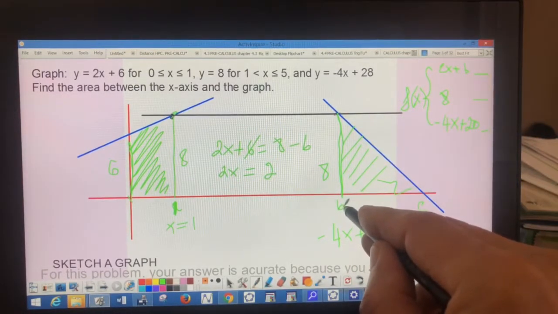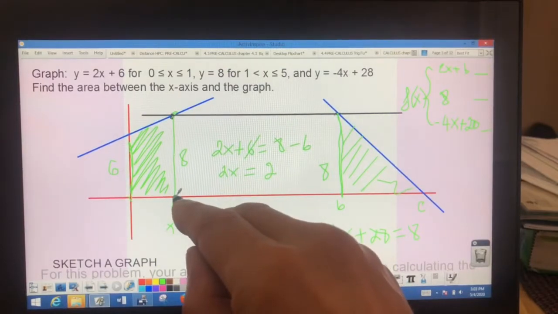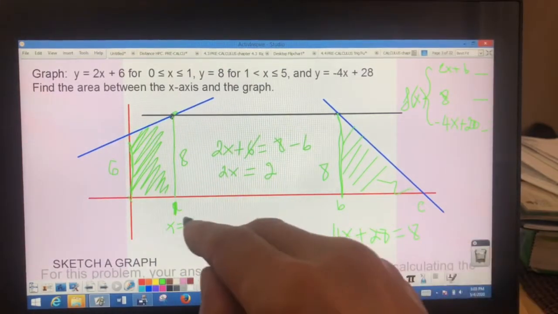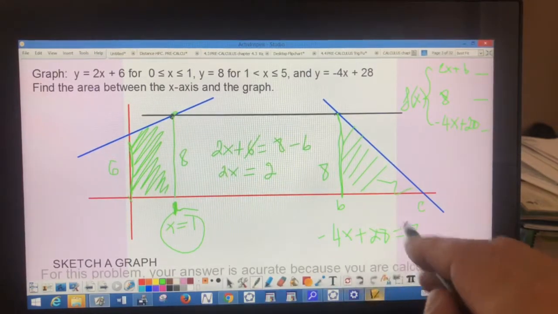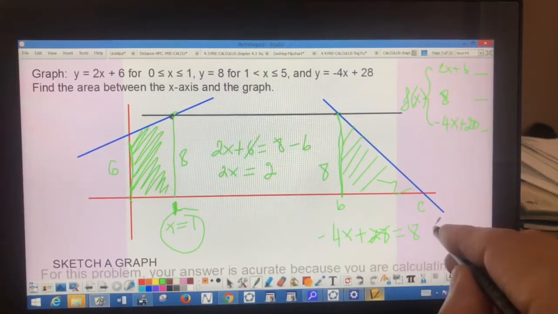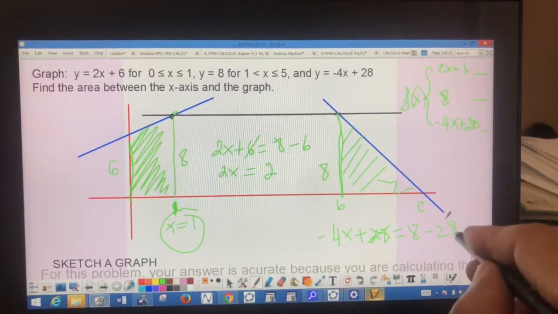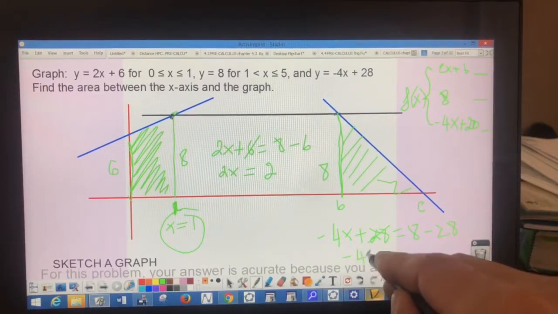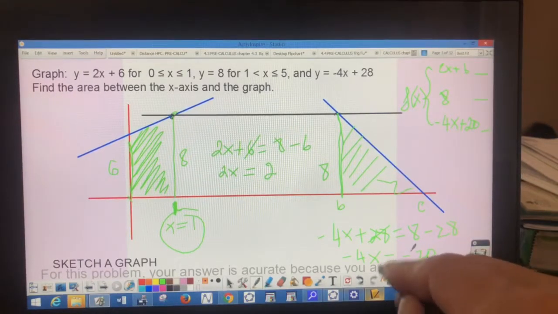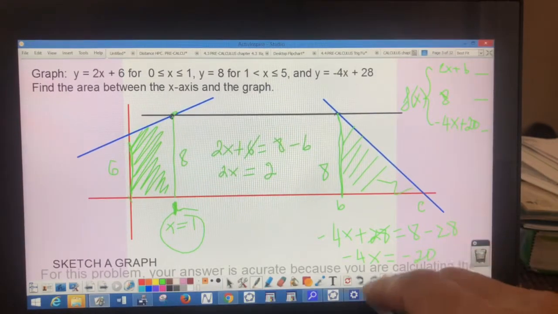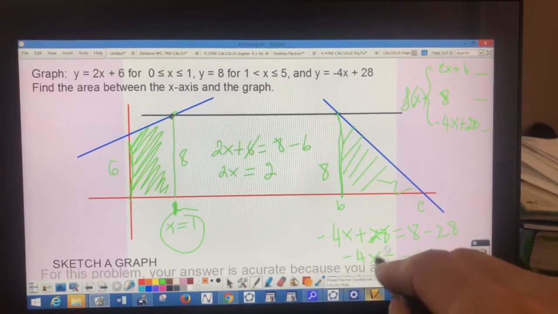Why do I need that location? Because I have to figure out the distance from 1, we knew it's 1 here, to this spot. So we'll solve this. Subtract 28, so that's negative 4x equals negative 20. So your x is 5. All right, so 1 and 5.